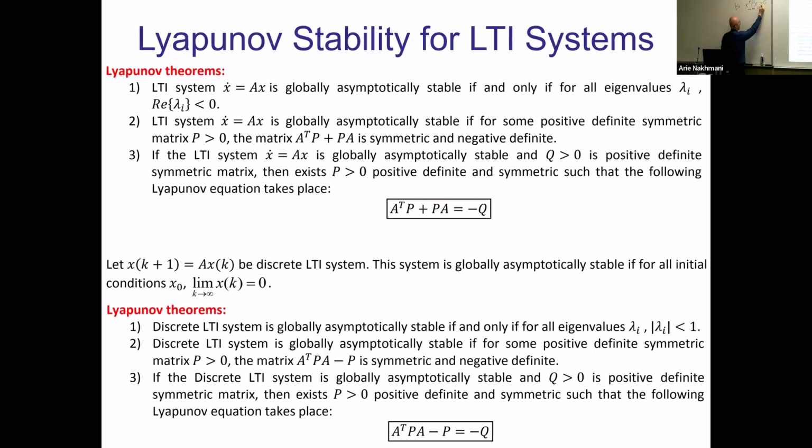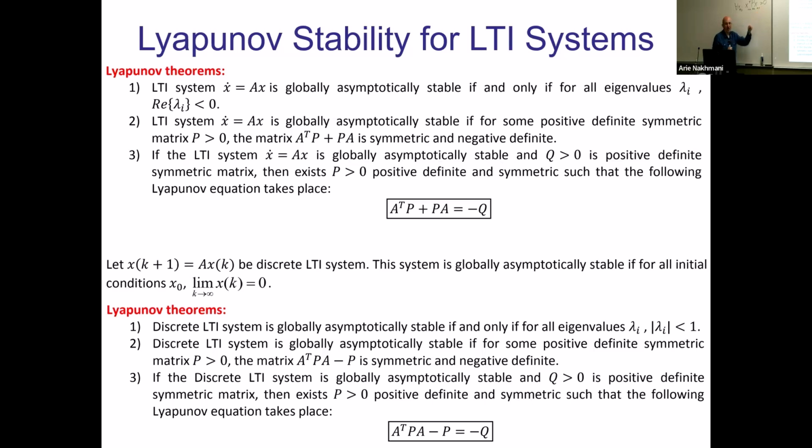If this is larger or equal to 0, then for some x's it is positive, probably for most x's, but for some x's it is exactly 0. And this is for x not equal to 0, of course, because for x equal to 0, no matter what P is, it's always 0. So for any x not equal to 0, this should be positive for a positive definite matrix.